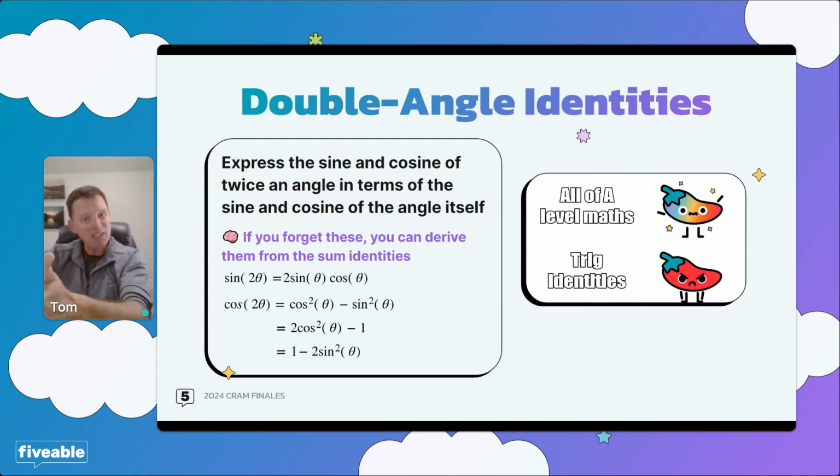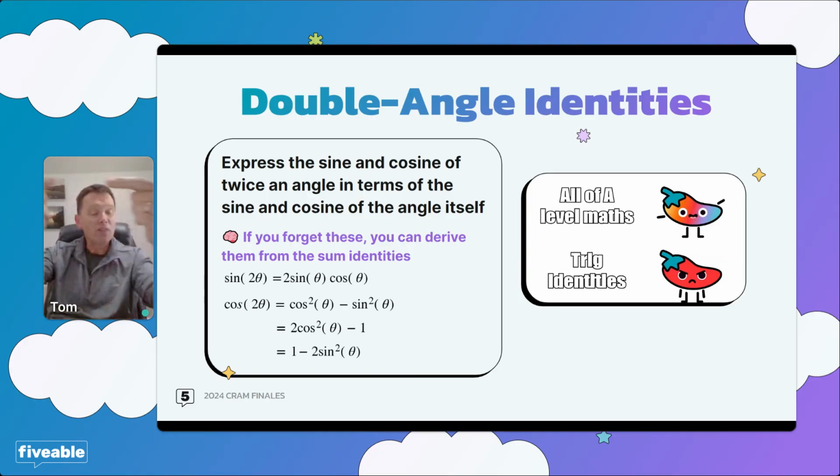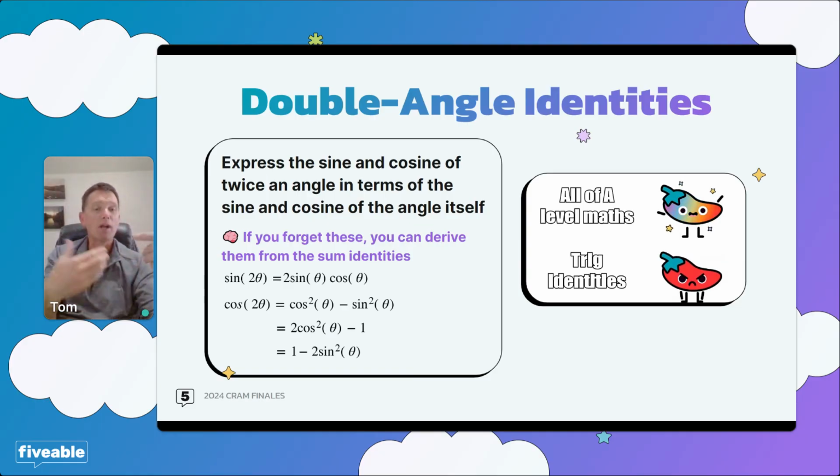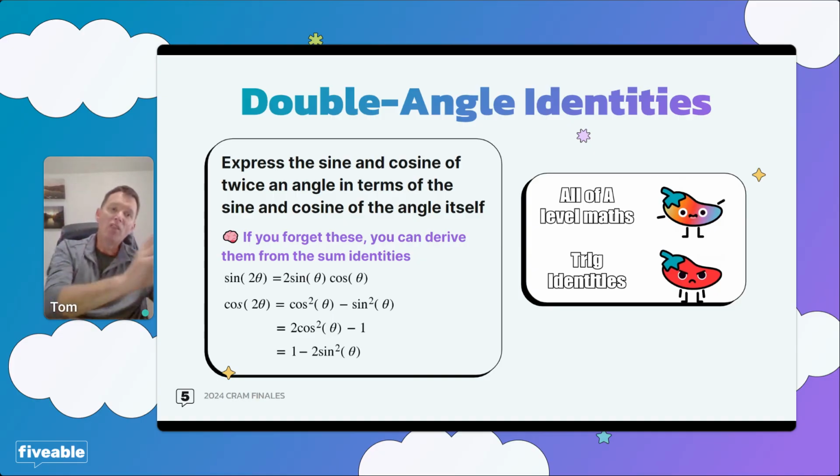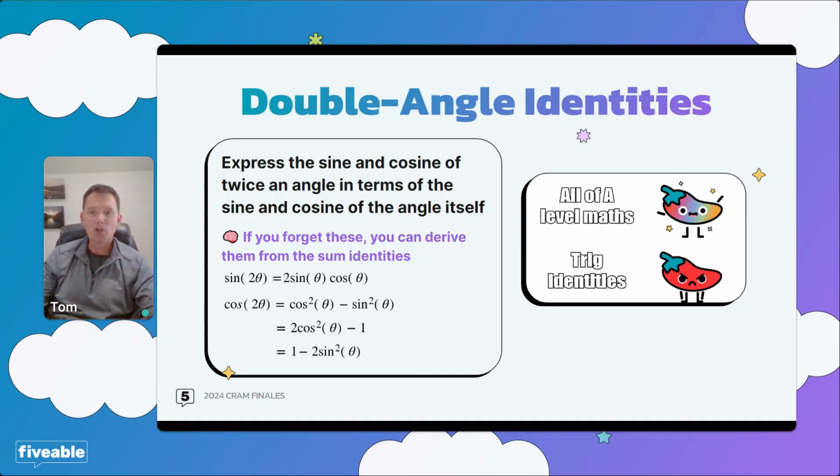You can also replace sine squared in the first one with an expression involving cosine squared, and you get the middle one. So all three of these versions are equivalent, and sometimes it's more useful to use one over the other, but they all come from the sum identities of cosine and sine.